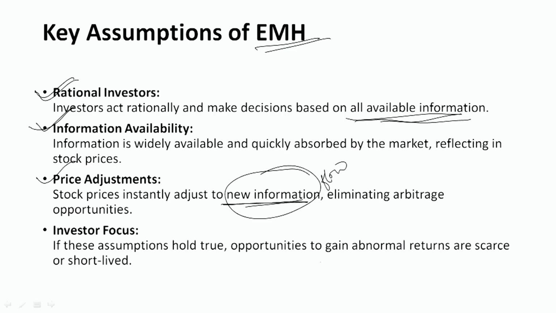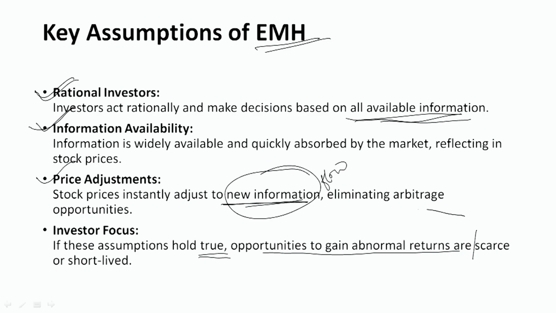And what is the study based on all these assumptions for the investors? It says that you have to consider the market price to be true, and there is enough opportunity to gain abnormal return if the information is not passed on at the right time.